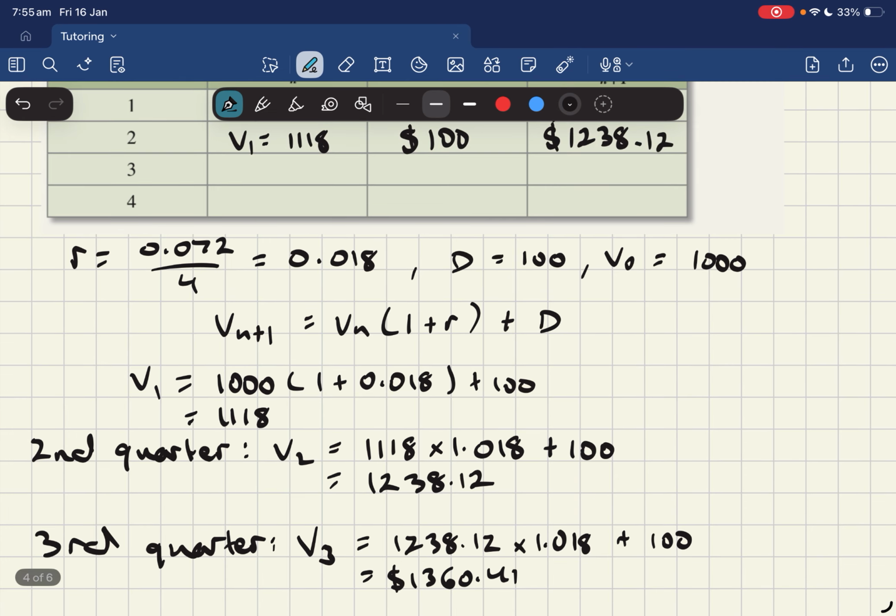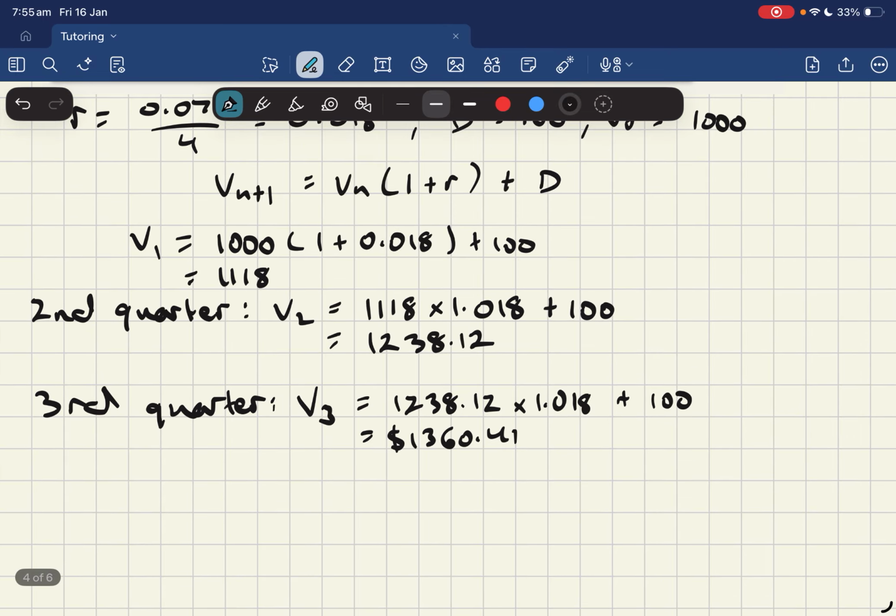Writing this into our table, our V2 was the amount previously, so 1,238.12. And then we have 1,360.41. And we're just using the recurrence relation.